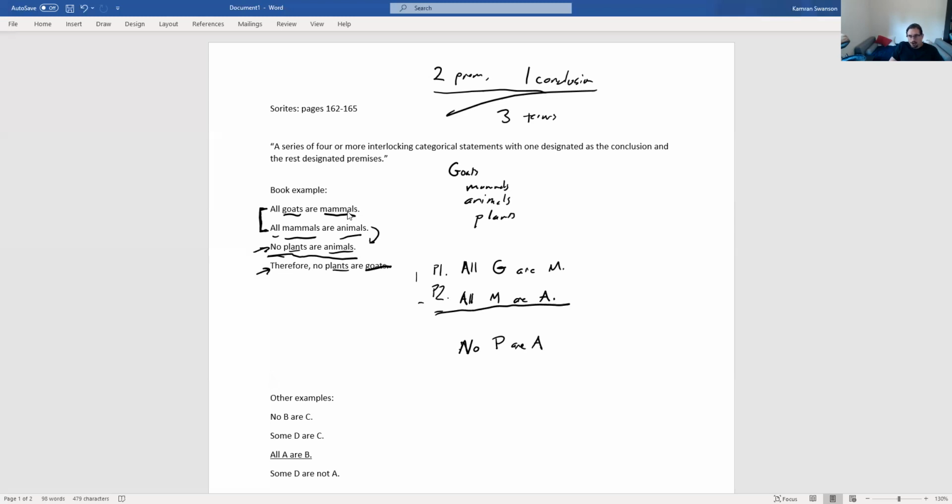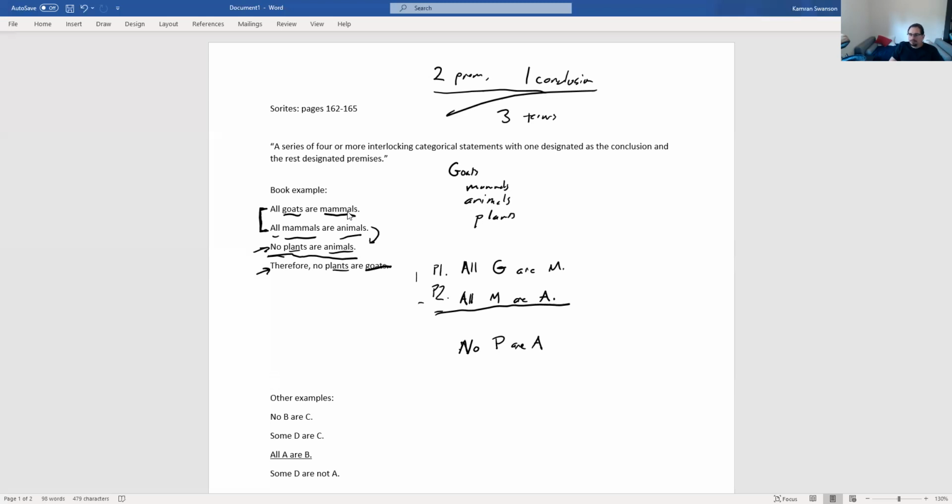The answer is no, and for two reasons. One, if it was the conclusion, it would already break rule 4. In other words, if we have a negative conclusion, then we must have a negative premise. Since this is negative, it cannot be a valid conclusion for two affirmative statements.